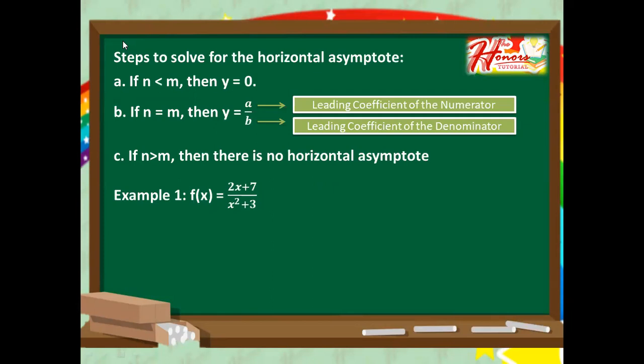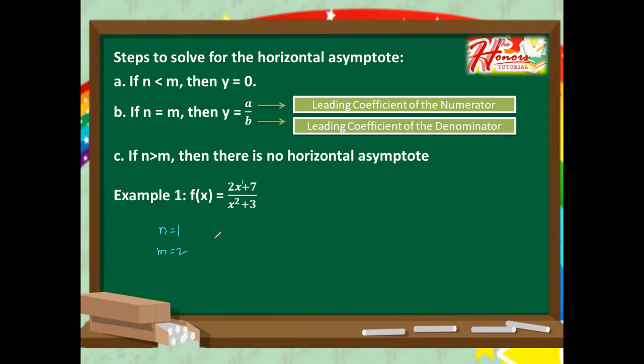I will give you example. For this, n is the exponent of this leading term and m is the exponent of the leading term of the denominator. So exponents are n is equal to 1, m is equal to 2.